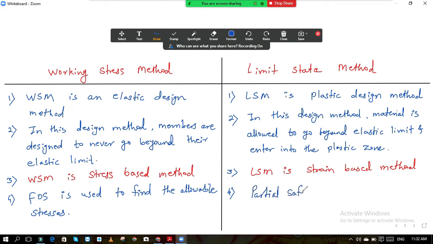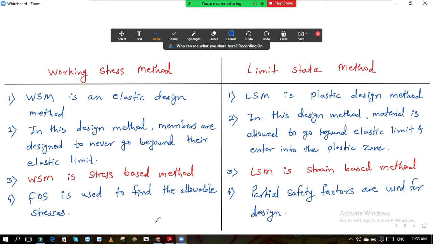Partial safety factors are used for design.